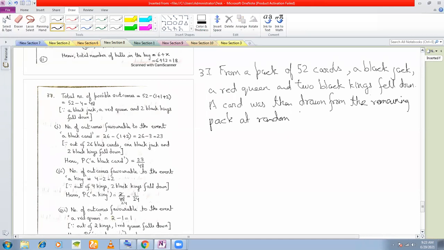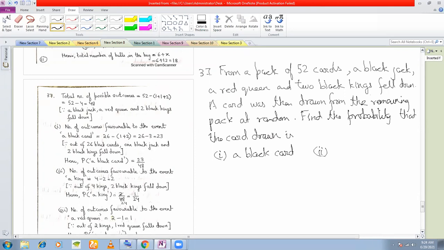Find the probability that the card drawn is: first question, a black card; second question, a king; and third, a red queen.